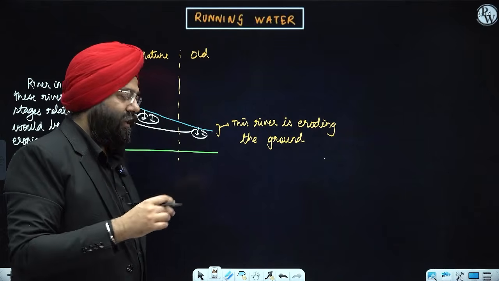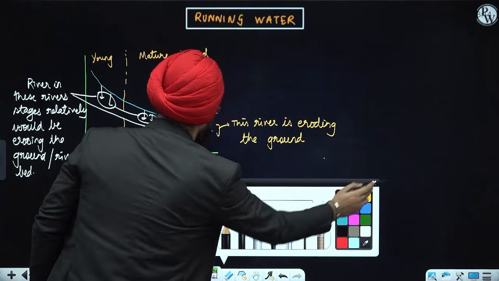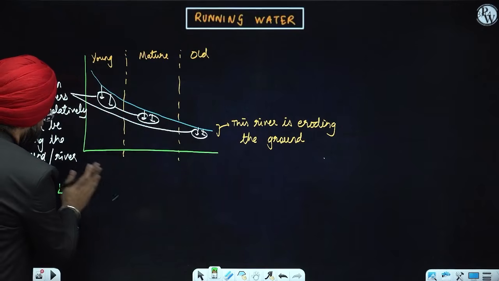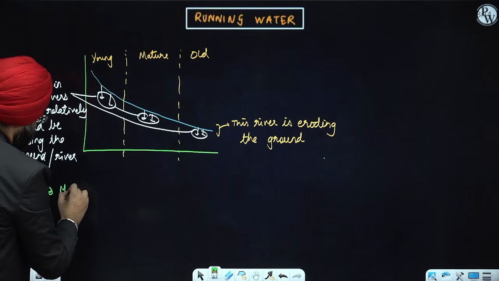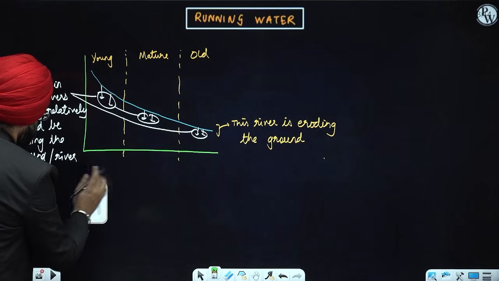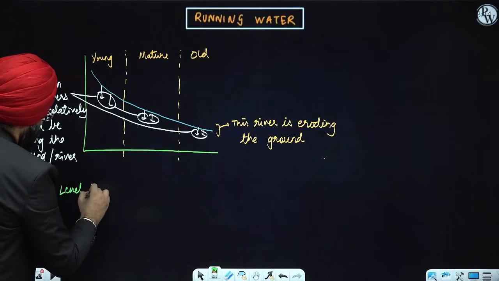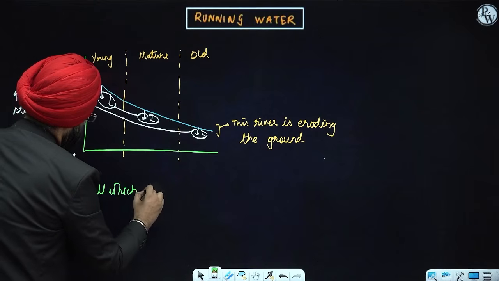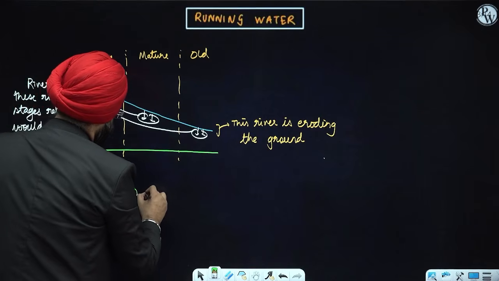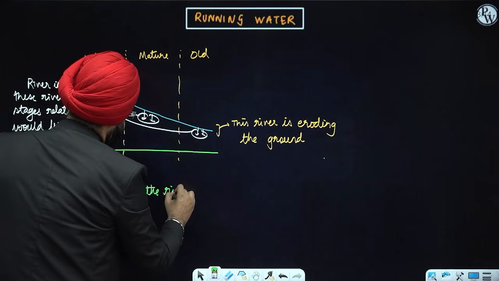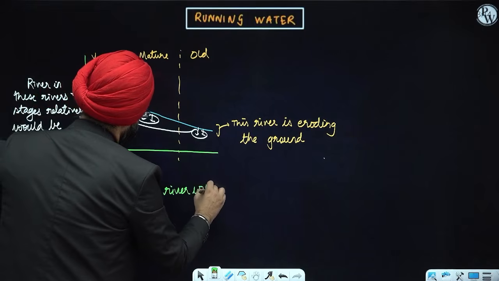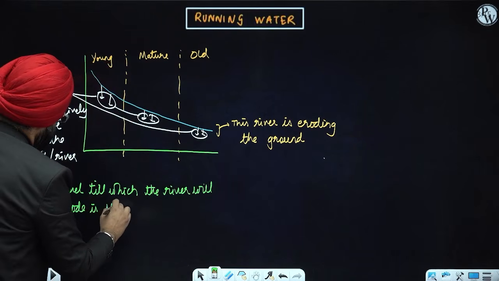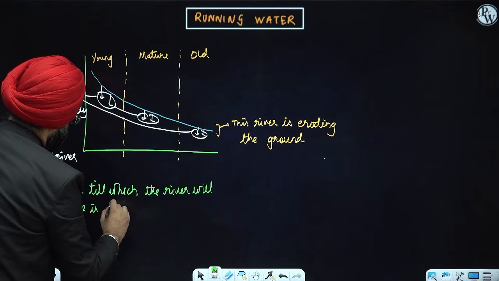So the maximum level, or the level till which the river will erode, is the base level.